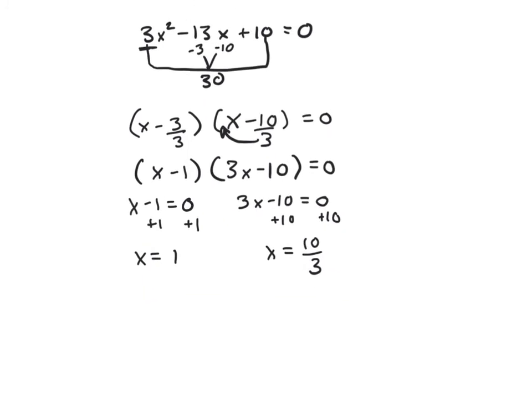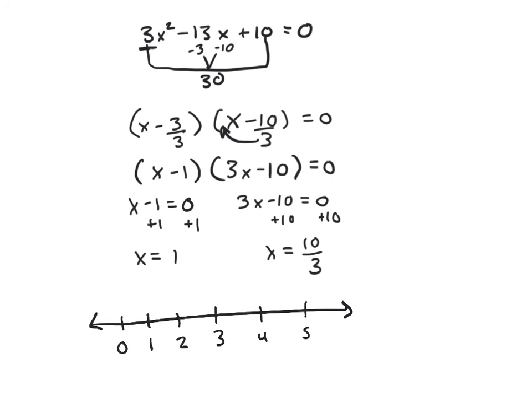Now we put these on our number line. So I'm going to put 1, 0, 2, 3, 4, 5. Where on our number line do you think 10 over 3 goes? Between 3 and 4. 3 goes into 10 3 times with 1 left over, so it would be about 3 and 1/3.